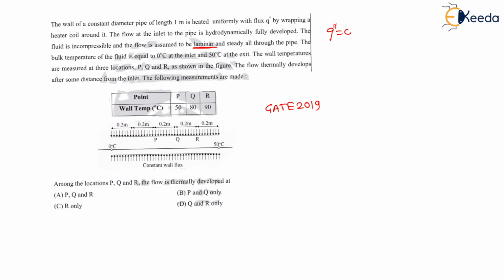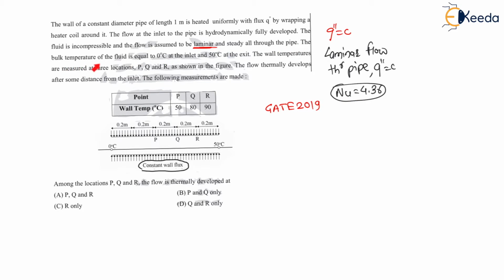And it is a laminar flow through a pipe with constant wall flux. Here they have mentioned constant wall flux, right? With constant wall flux, we know that the Nusselt number value is 4.36. That is, the Nusselt number is constant. This empirical relation you must remember, right?